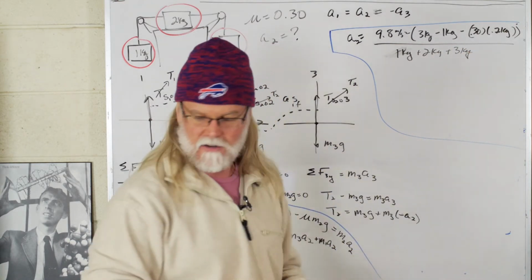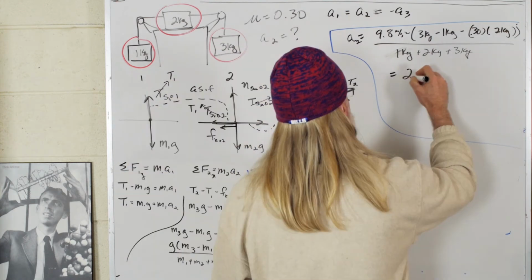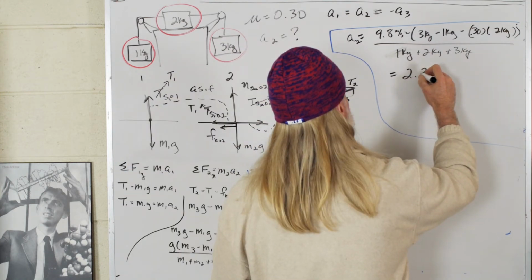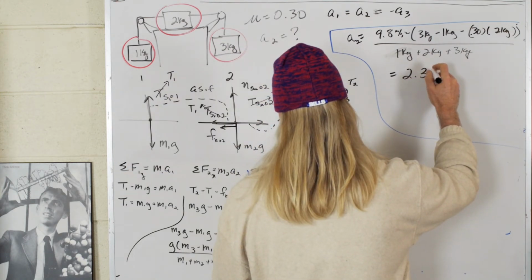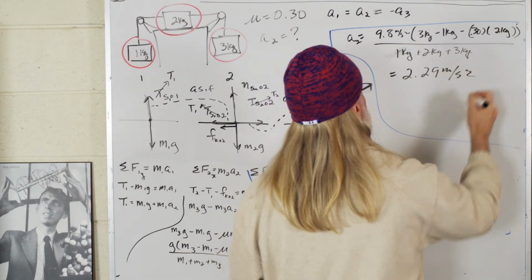All right, let's crunch those numbers. 2.29 meters per second squared.